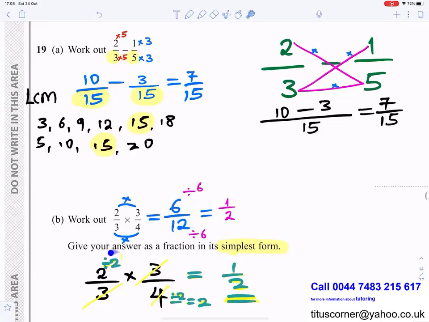Half of 2 is 1, and half of 4 is 2. So you have 1 times 1 is 1, and 1 times 2 is 2. You get 1 over 2. In this second one, we simplify before we multiply, and in the one at the top, we multiply and then simplify after.